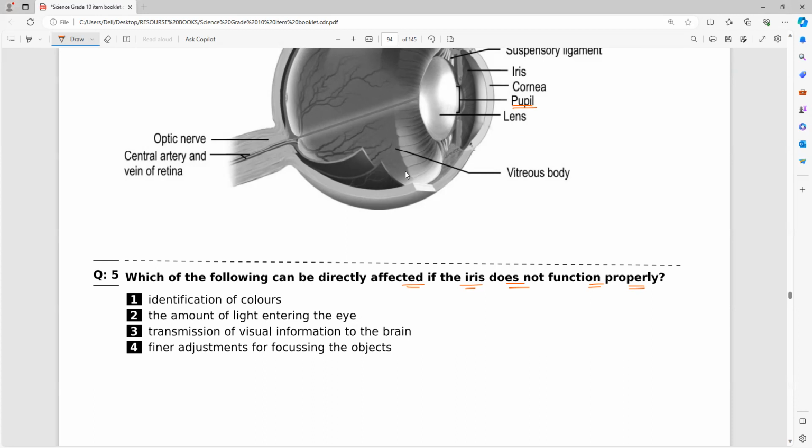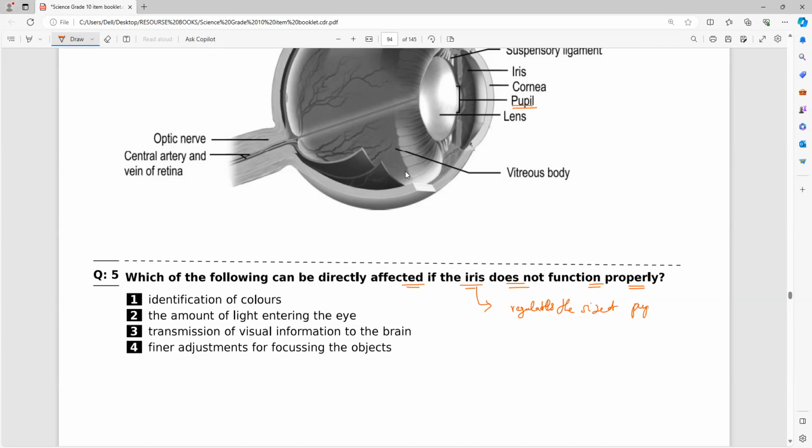If the iris does not function properly, what will happen? What is the function of iris, everybody? Main function of iris.